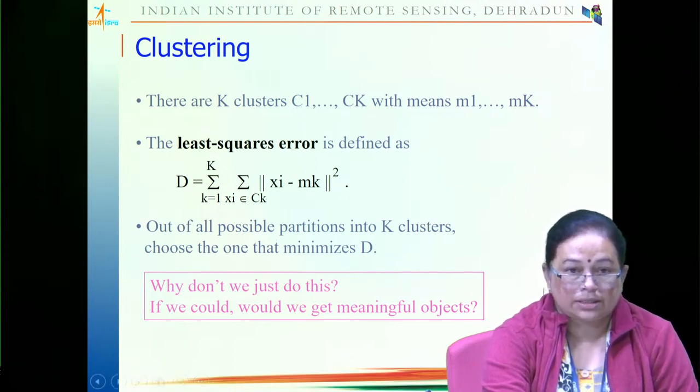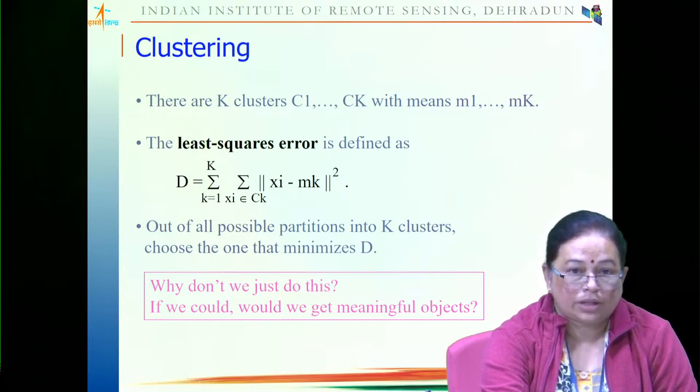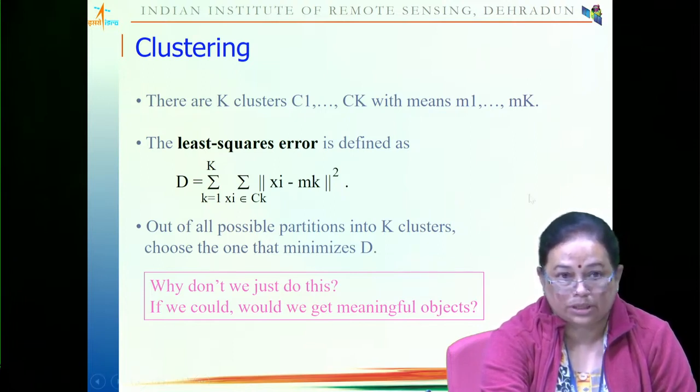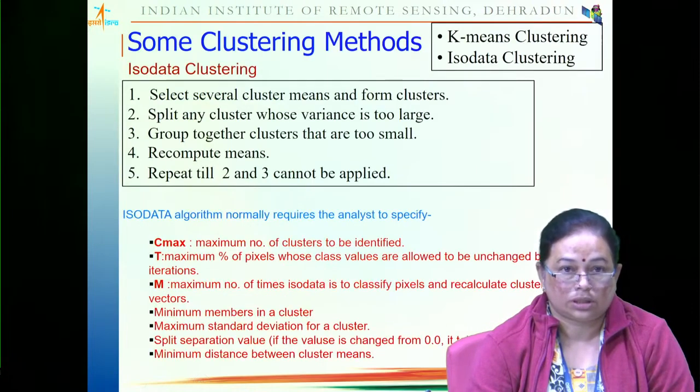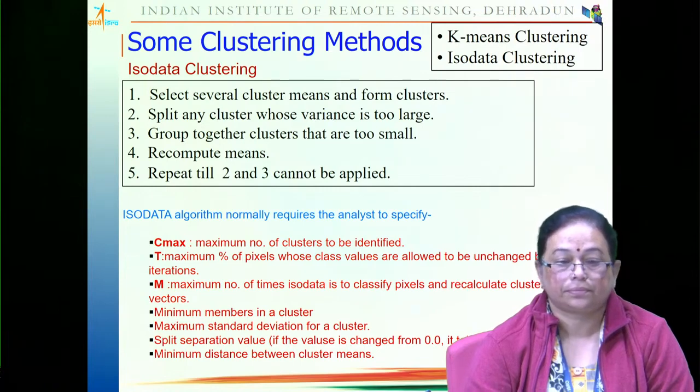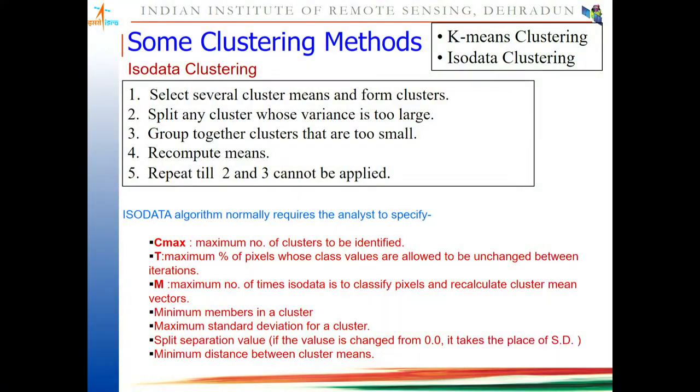Now the question arises, why don't we just do this? And if we could, would we get meaningful objects? Some of the clustering methods are K-means clustering and ISODATA clustering.